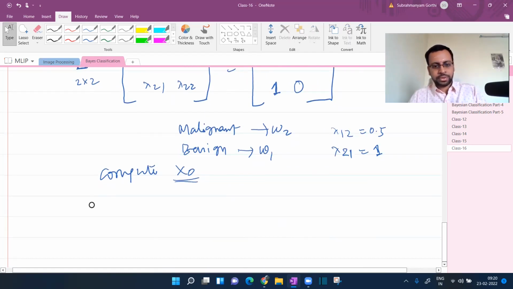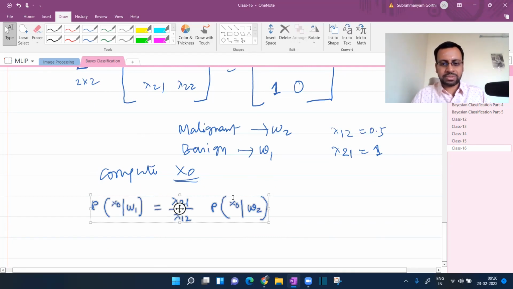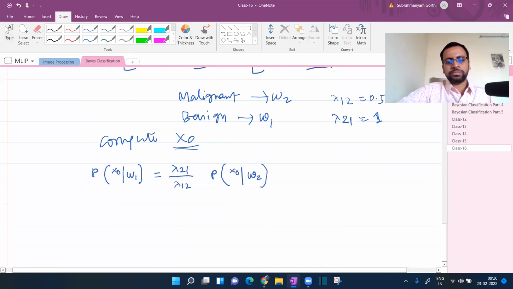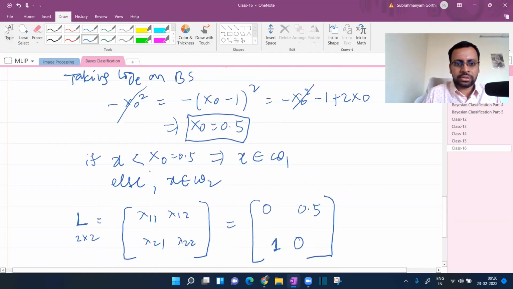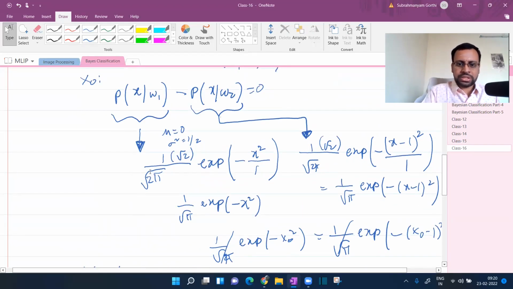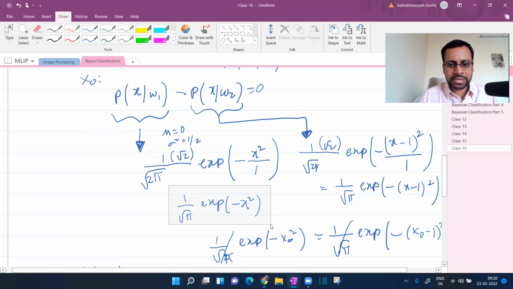Just to avoid the time of writing this equation, I am pasting it here. Now, what is the probability of x given omega 1? Do I have the expression for it already? Yes, I do. This is 1 by root 2 pi into exponential of minus x square.